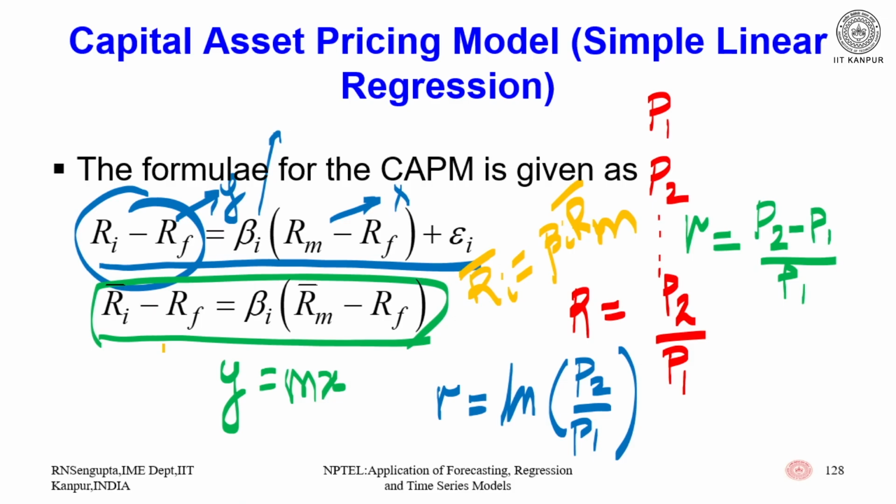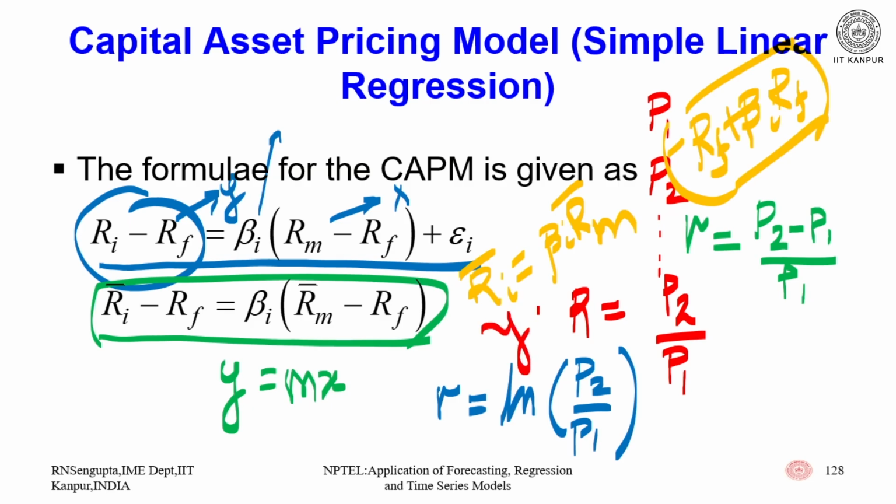So R f will go to the right hand side, so it becomes minus R f, and there is already a term which is beta i into R f. This term can be considered as C. So you will have y equal to mx and C. So rather than y is equal to mx, we have made it y is equal to mx plus C.